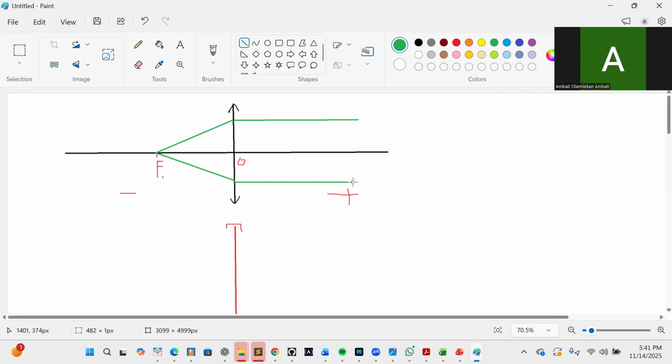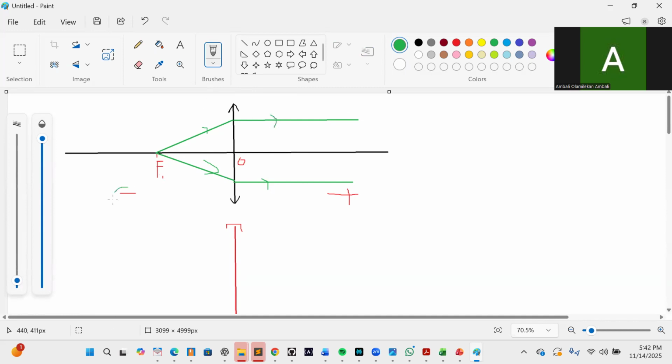So that's the F1: the point of origin of rays which, after striking the lens, become parallel. For a convex lens, it will be on the negative side, so F1 for a convex lens is minus.